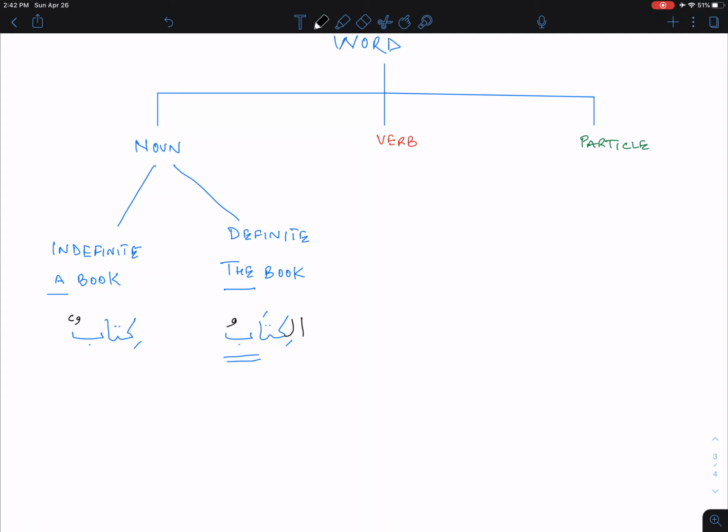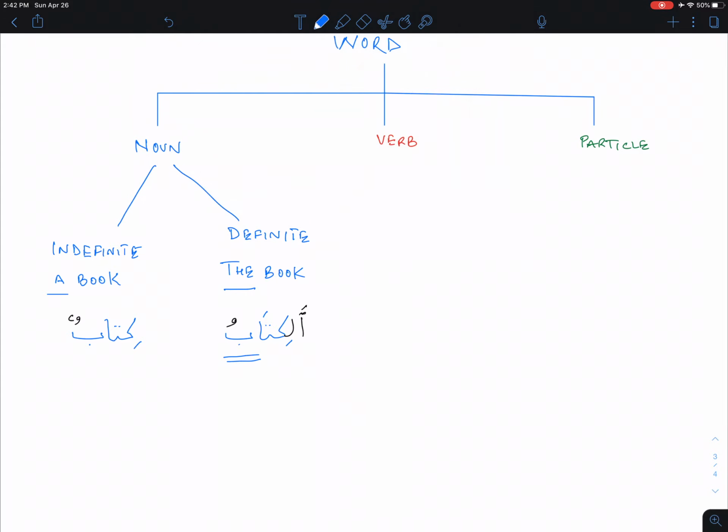So one of the dhammas drops off, and in place of that you can imagine that the alif and the lam has been added, and now it becomes al-kitabu. This is a discussion we can have later, but it's read al-kitabu. Kitabun is a book. Al-kitabu is the book.